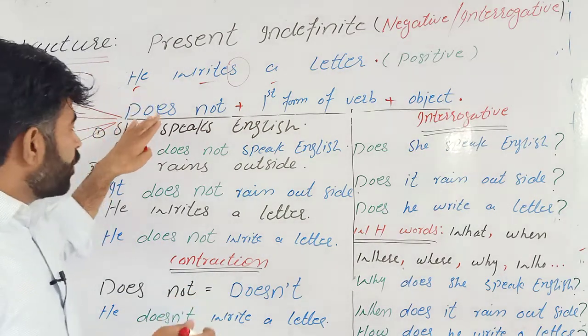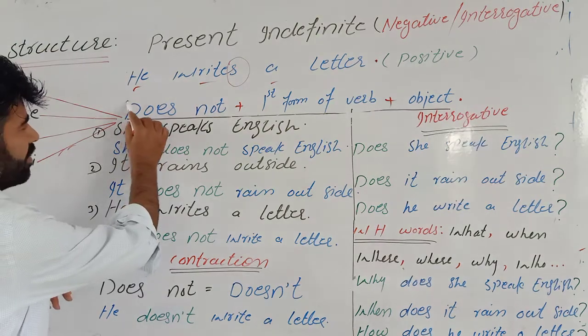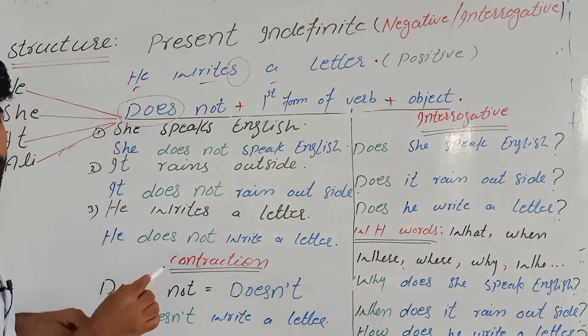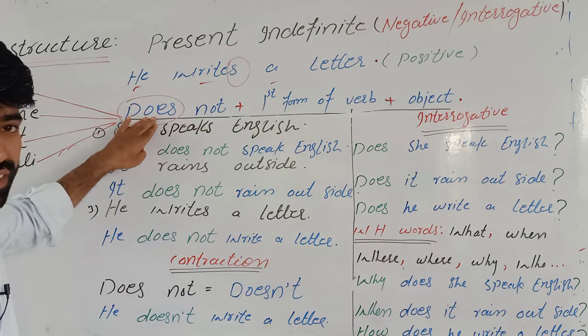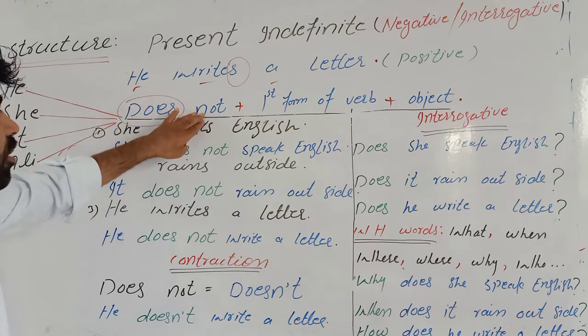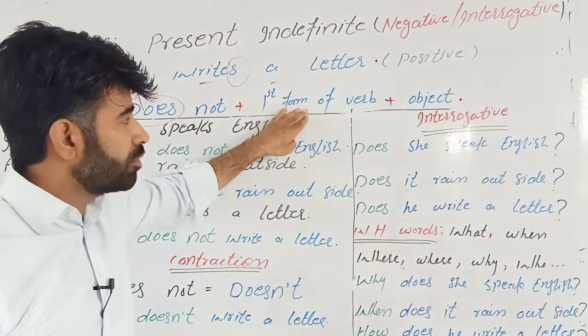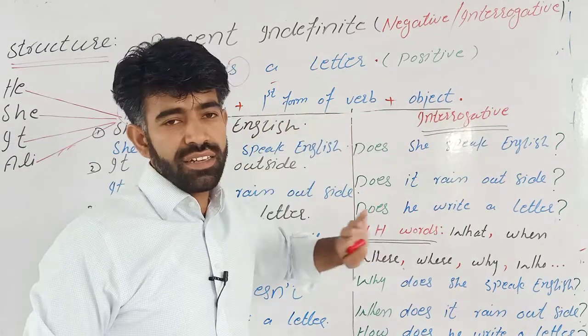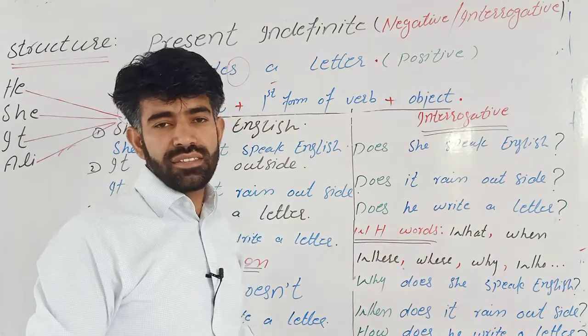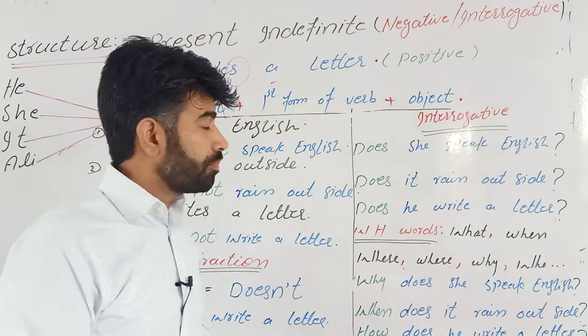For that we have to use does as a helping verb, does not. We will use does not plus the first form of the verb and then the object, and then we will end the sentence with a full stop.